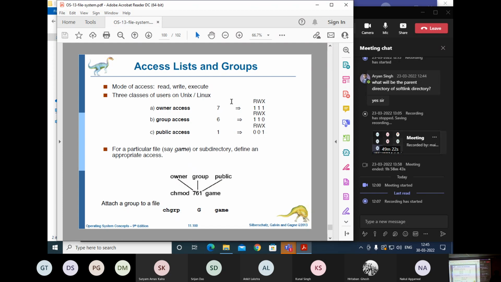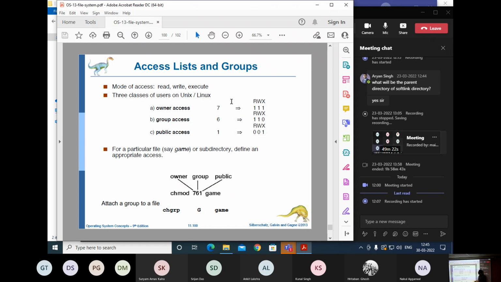How are the policies expressed? Using bits. If you look into your terminal, for human readable purposes, it will write R as read, W as write, X as execute. But internally, it will be 1 or 0. For read, 1 means you can read, 0 means you cannot read. So in this case, for example, the owner access is read, write, and execute, 1, 1, 1, which if you change it to decimal is 7.